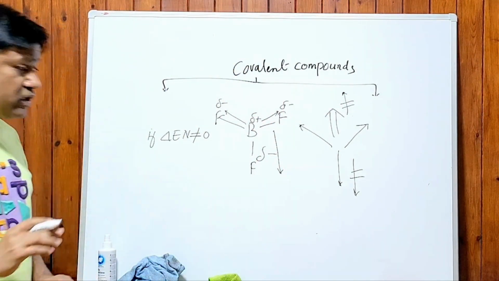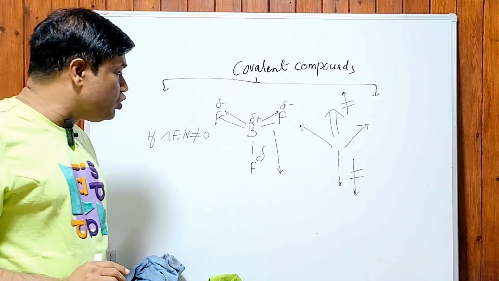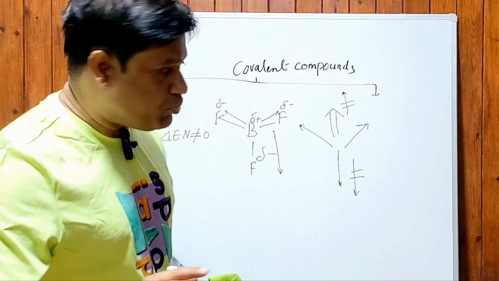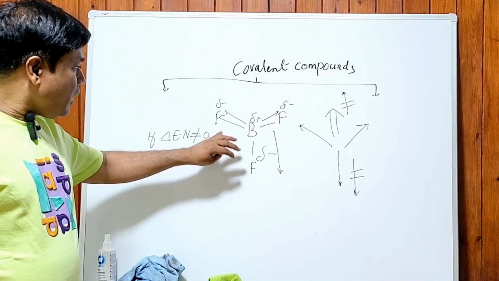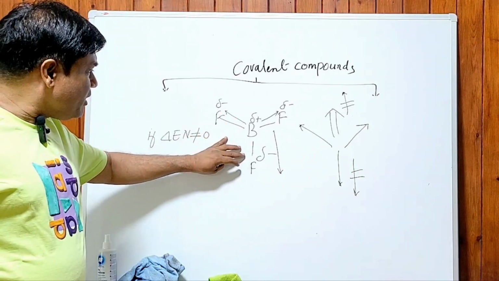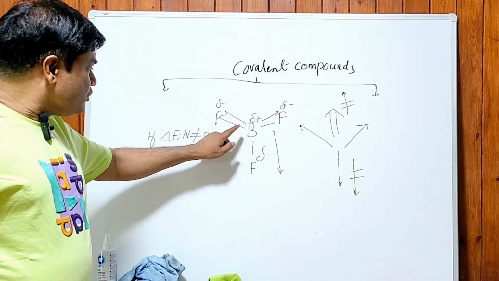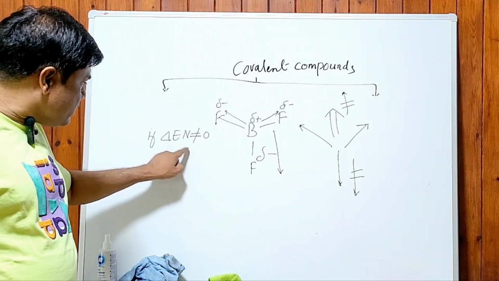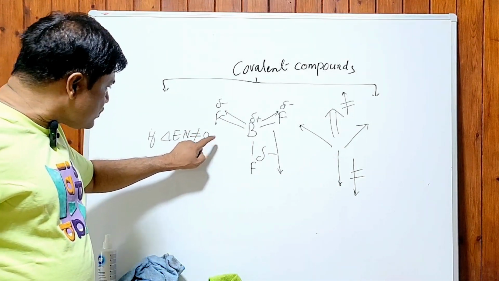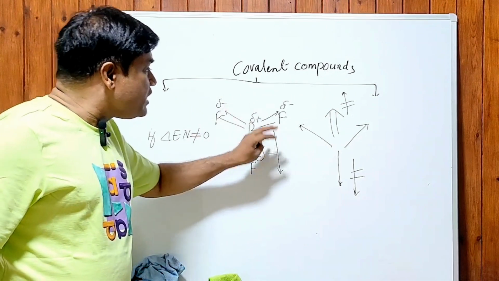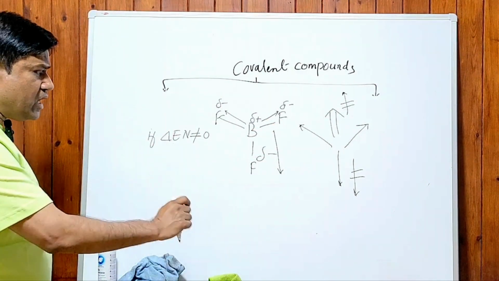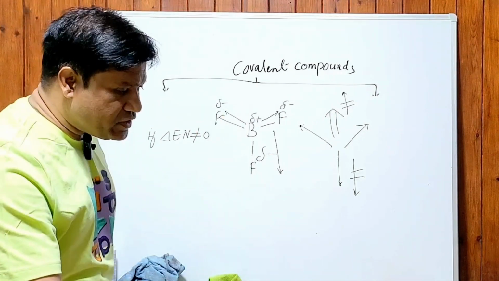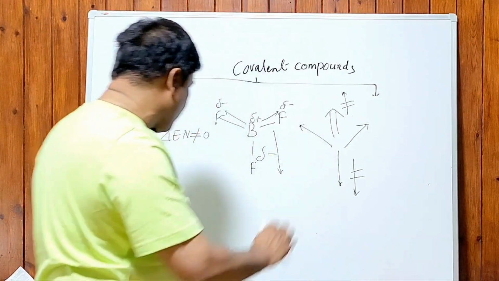Past paper question: why is ammonia a polar molecule and BF3 a non-polar molecule? The reason is that, no doubt, there is a difference in electronegativity value, but there is no net dipole. Best answer: there is no net dipole, or the resultant dipole moment is cancelled off.